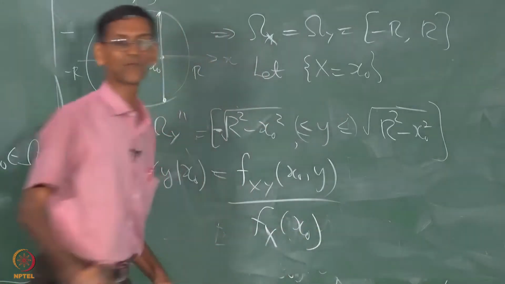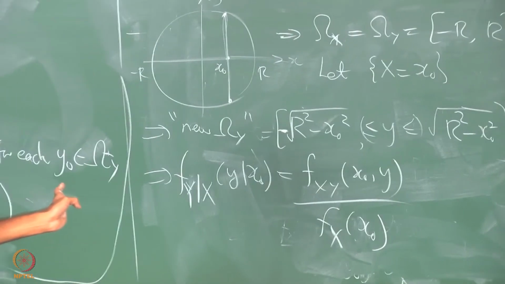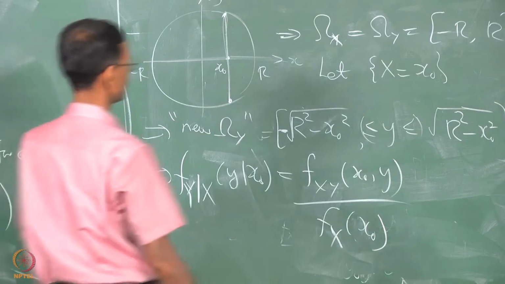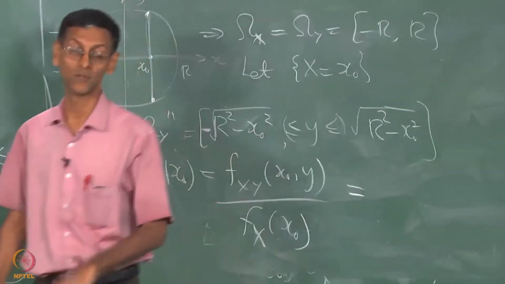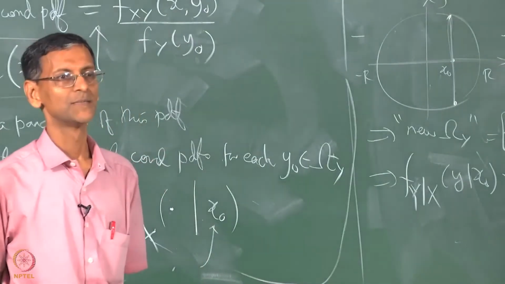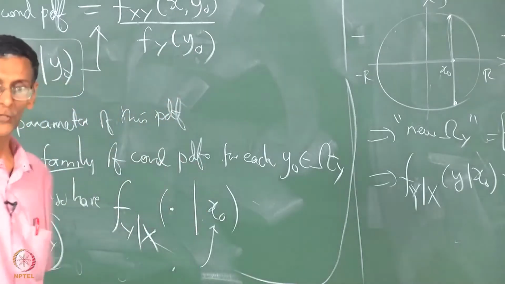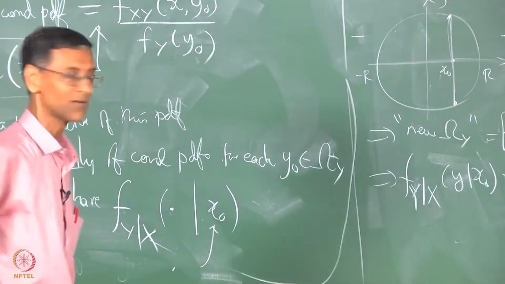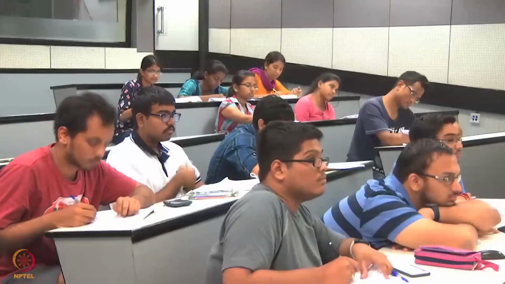Now I need the results from earlier this week. When did we derive this? We derived it on Monday. So why don't you do it and tell me what this comes out to be? Why should I do all the work on the board? Do it and tell me, and I will write the result after you tell me, so that it's there on the tape. But till then, I'm going to pause.